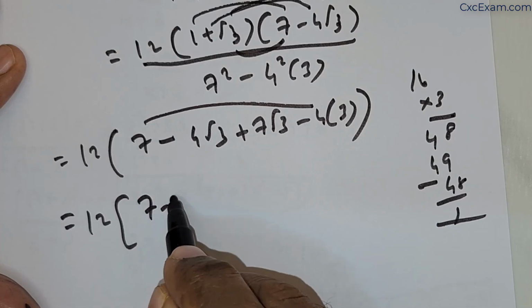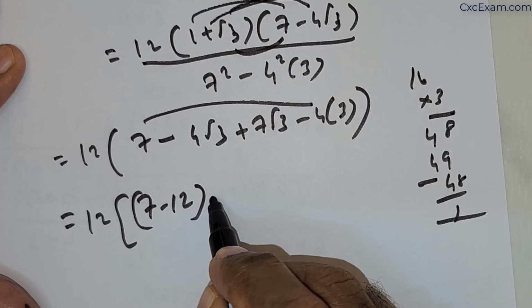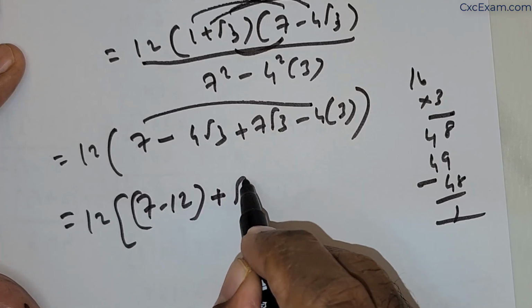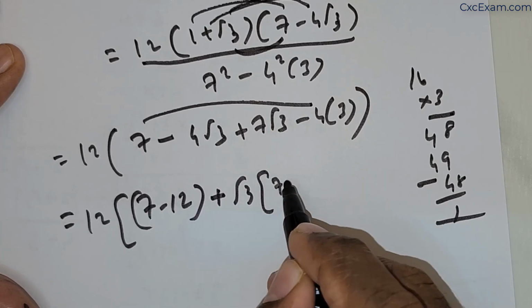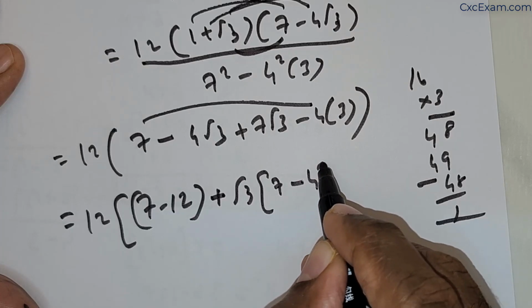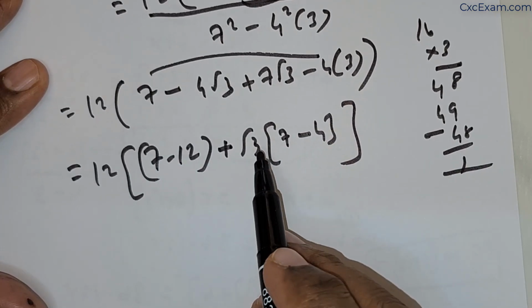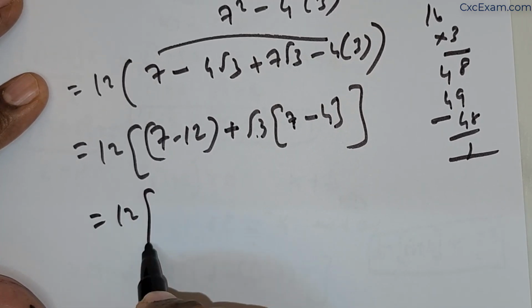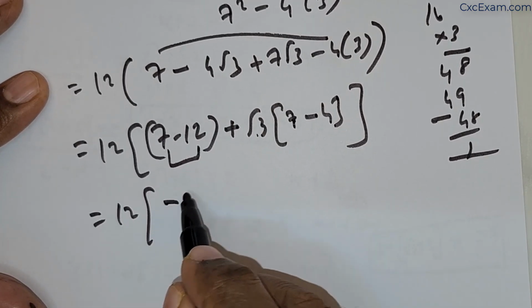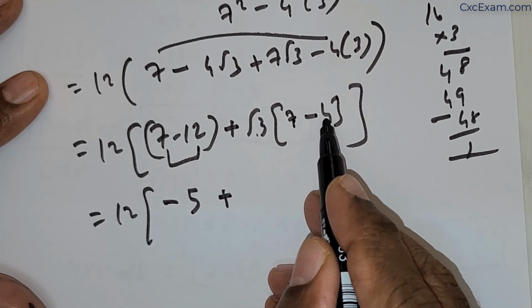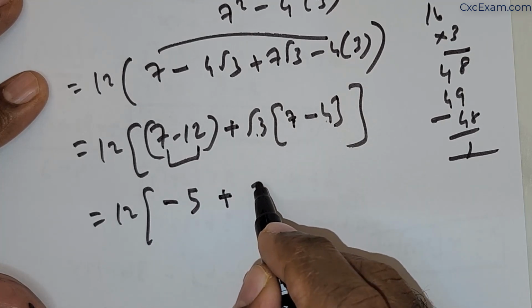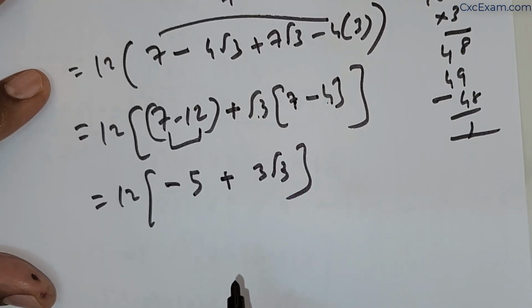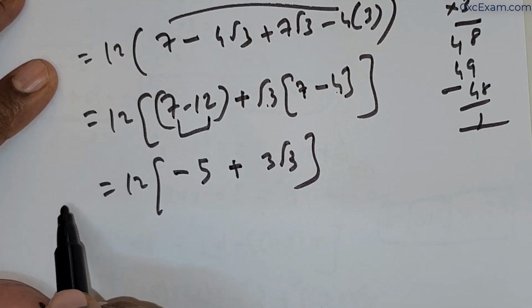So you have 7 negative 12 at one end, and then you take root 3 out, you get 7 negative 4 at the other end. Okay, because 7 into root 3 and 4 into root 3 with a negative sign. So this is going to be 12 of 7 added with negative 12 will give you negative 5. Negative 4 added with 7 will give you 3 times root 3. So this is my R.